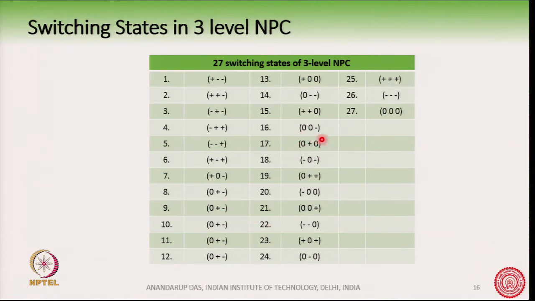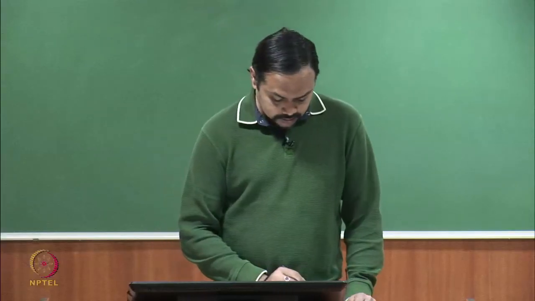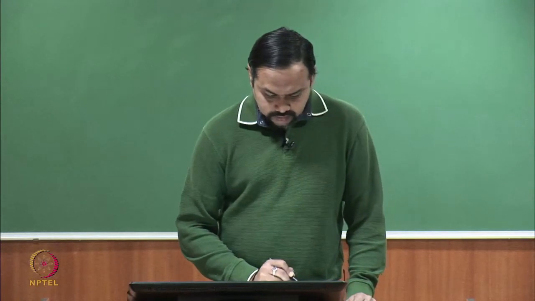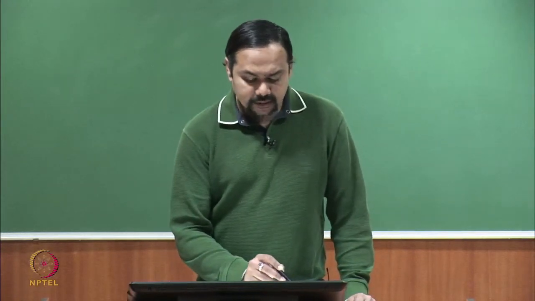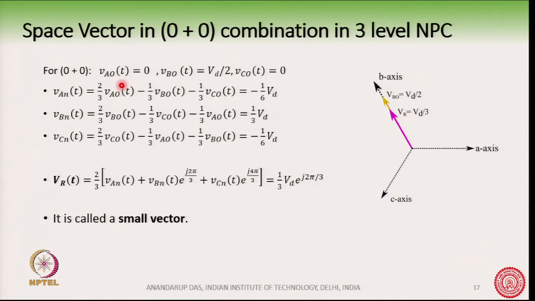See, for example, number 17, 0 plus 0, is one of the possibilities, one of the switching states of the converter. So, this 0 plus 0 means that VAO, the pole voltage, is 0, VBO is Vd by 2 and VCO is 0.